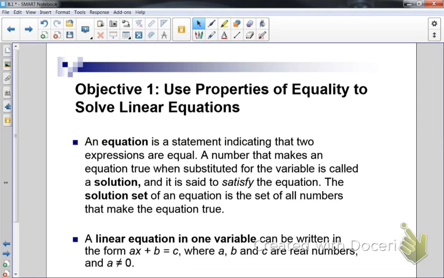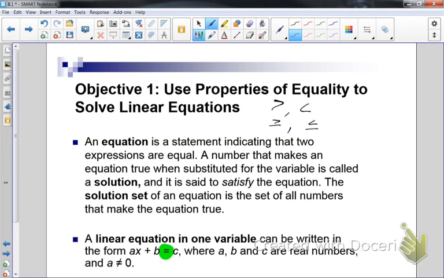Remember what equations are. Equations are the ones that actually have the equal sign to it, and it looks something like this, linear, right? You also may have inequalities that contain greater than, less than, greater than or equal to, or less than or equal to.